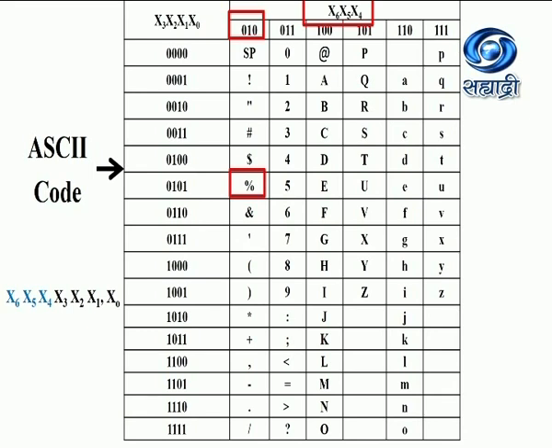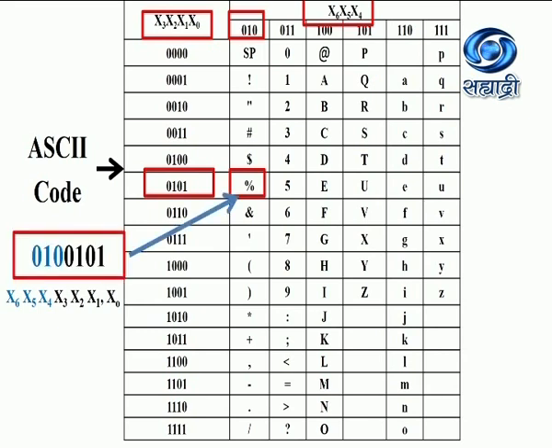Next, to find the remaining bits, that are x3, x2, x1, x0, we find the corresponding row of the percentage, that is 0, 1, 0, 1. So here we have ASCII code for percentage: first 3 bits 0, 1, 0, and remaining bits 0, 1, 0, 1. So in this fashion, we can find out the ASCII code for a particular character.